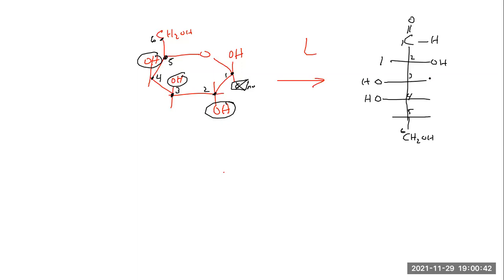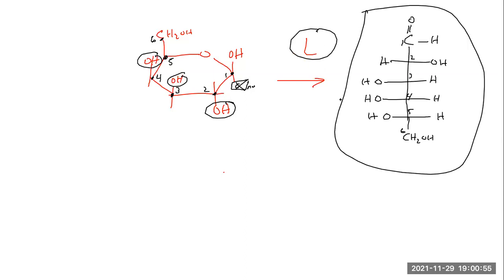Again, hydrogens are on the opposite sides here. And our last one is going to be determined by the L, which means left, which means our last OH group will go on our left-hand side. Any questions on how to go backwards here from the ring to the straight chain?